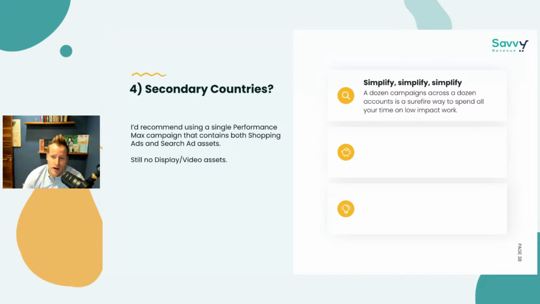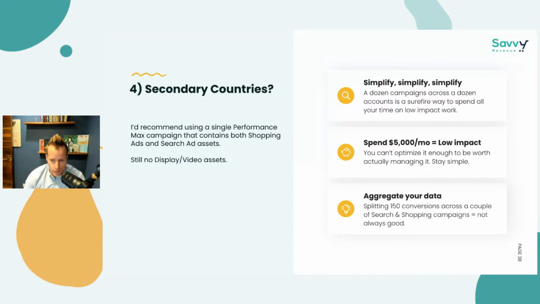I like simplifying everything that we do, and I think all of us should. A dozen campaigns across a dozen countries will just waste a bunch of time. If you spend $5,000 a month, there's very low impact you can have with settings and optimizing and some of the things you can do from standard shopping. You can't optimize it enough to make it worth managing.